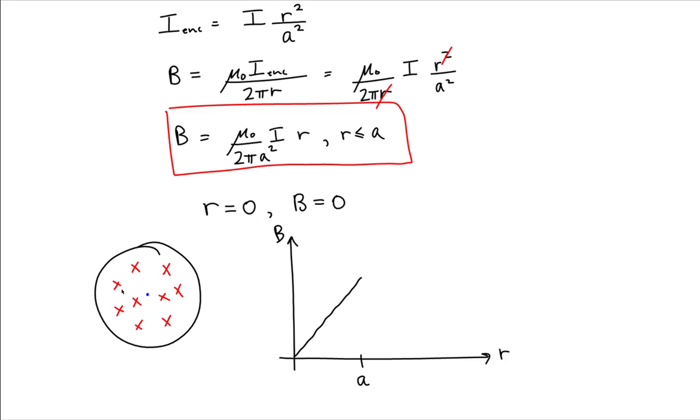That makes sense too, because as your Amperian loop gets bigger and bigger, you're enclosing more and more current. So it makes sense that the magnetic field is increasing as you're enclosing more current.